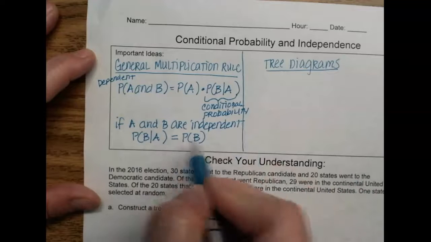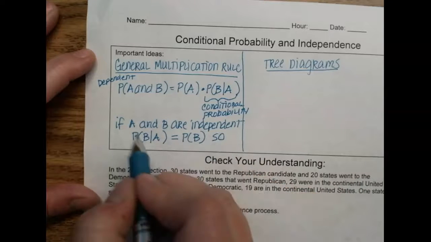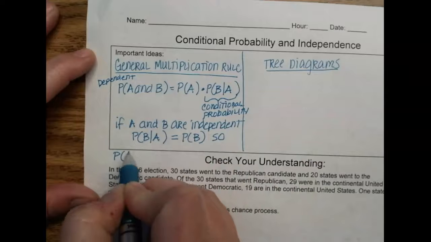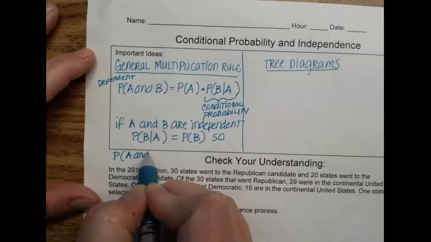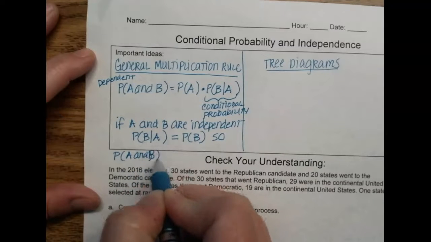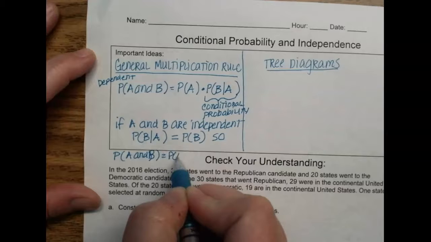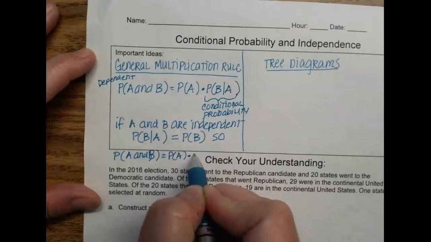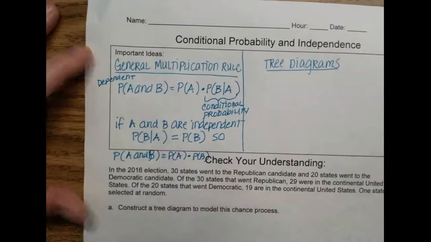So if that is true, the probability of A and B is just the probability of A times the probability of B.